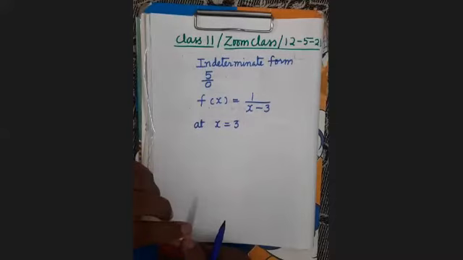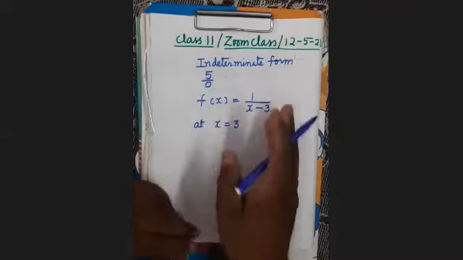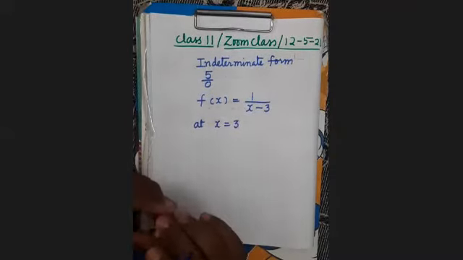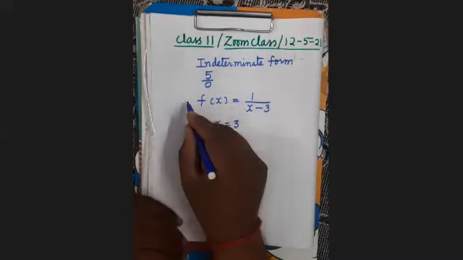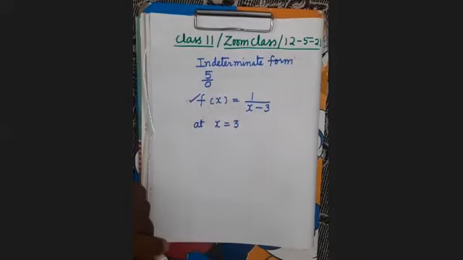No, sir, it will not be possible, because as you place x equals 3, it becomes 1 upon 0, which is an indeterminate form. It's clear. So we determine its value at a point which is very close to 3.